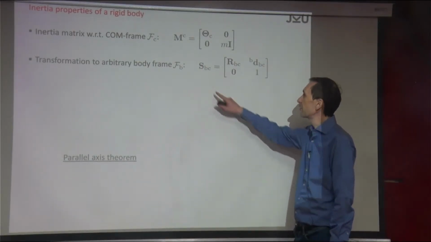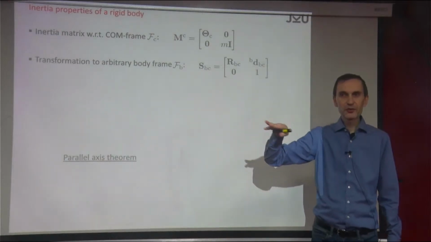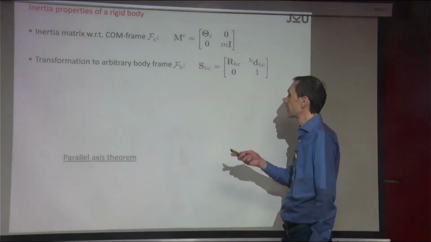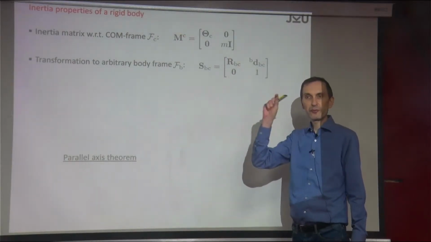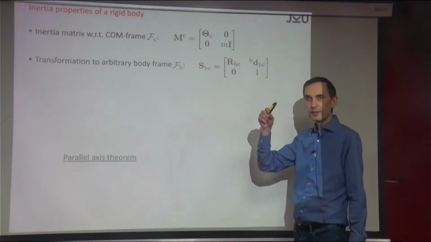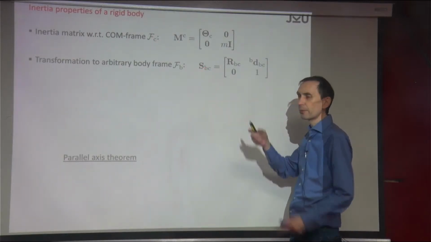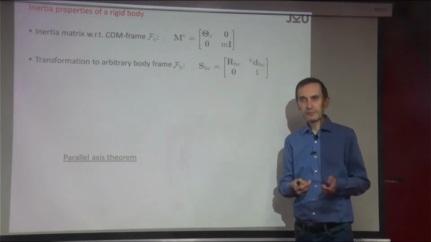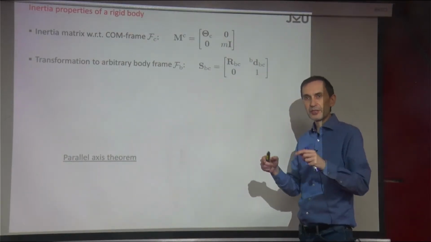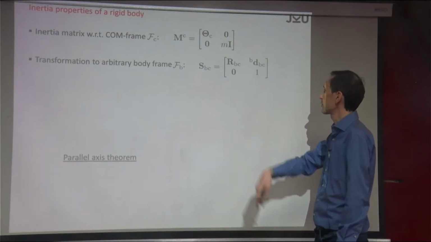So let's say that we have another homogeneous transformation matrix, call it S for historical reasons, that transforms, by the way, C indicates the center of mass, okay? And there's a matrix that transforms from the center of mass to an arbitrary body fixed frame, right? So we have one frame in the center of mass and the other one is somewhere.